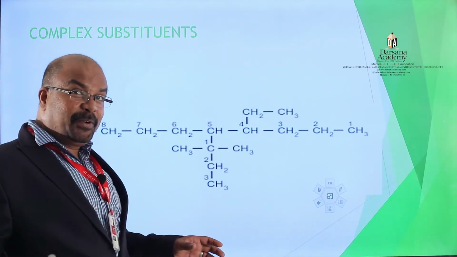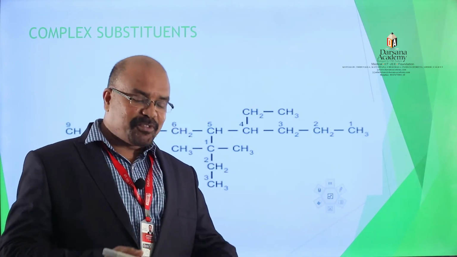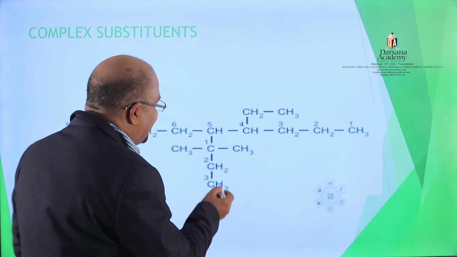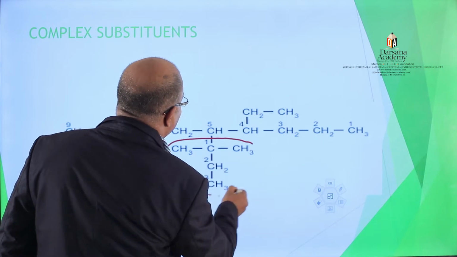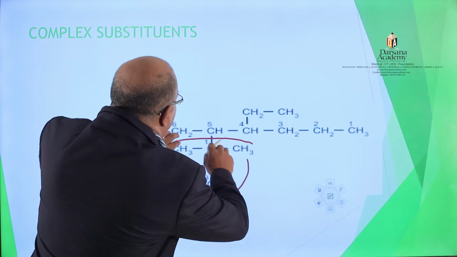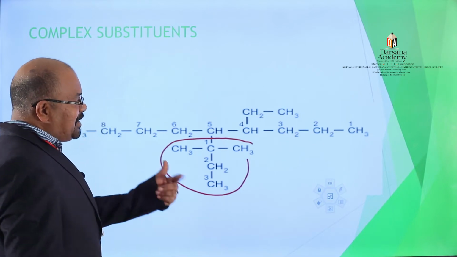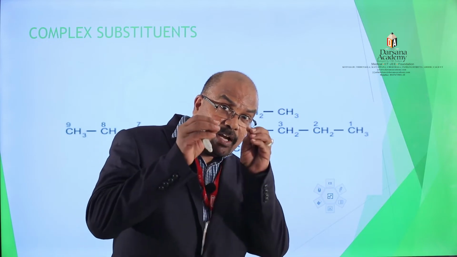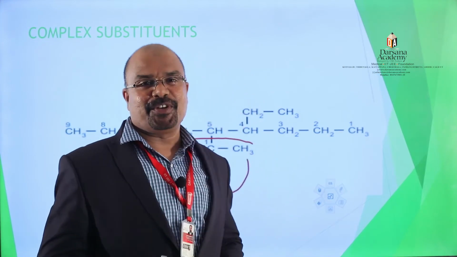It's a compound with a complex substituent. A complex substituent is when there is a branch and the branch again has a branch. This one is a complex substituent because it has a branch as well as the branch having another branches. For naming this compound, IUPAC says the complex substituent should be written in parenthesis or in brackets.